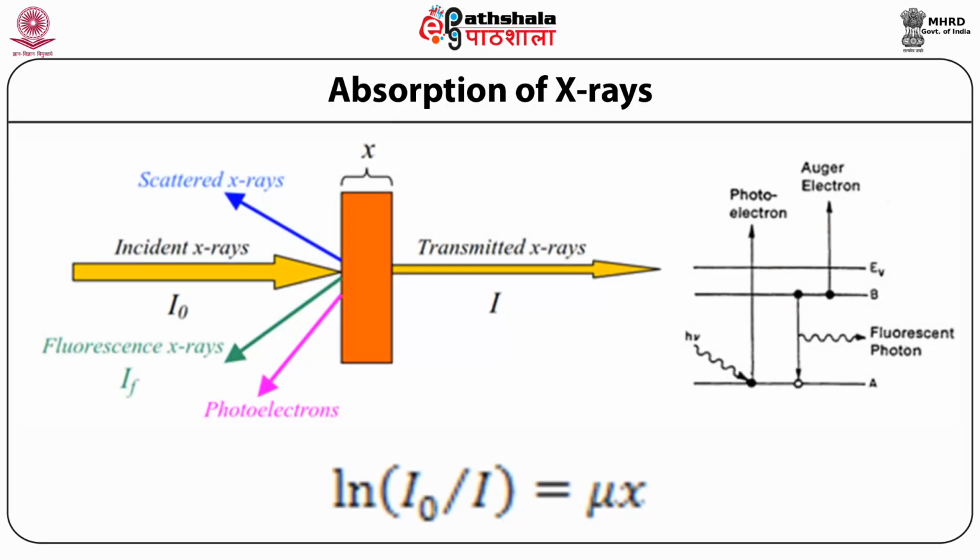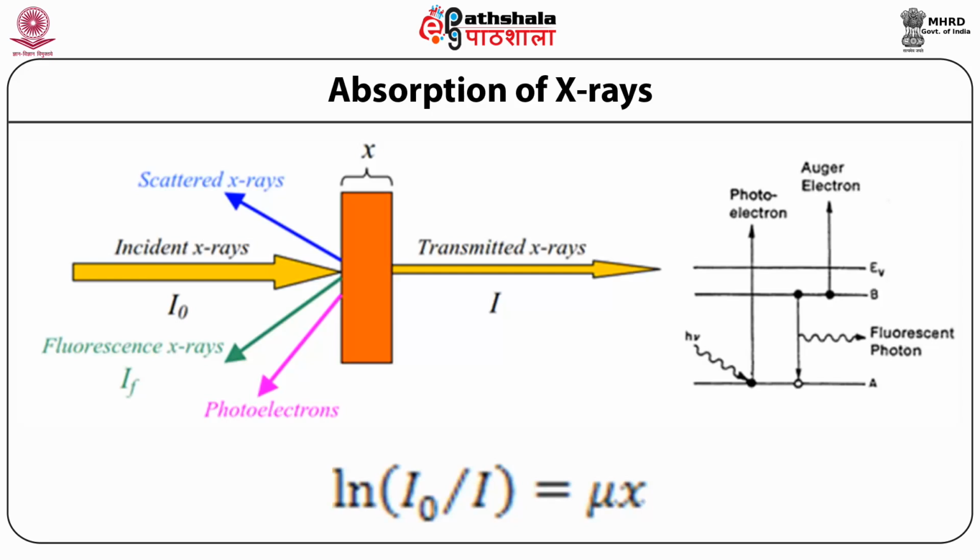In this slide, we will define an important parameter called the linear absorption coefficient. You can see in this diagram a slab of thickness x, which is basically any given material, and X-rays are incident on it from the left. Again there can be several processes like scattered X-rays, fluorescence X-rays, photoelectrons, and transmitted X-rays.